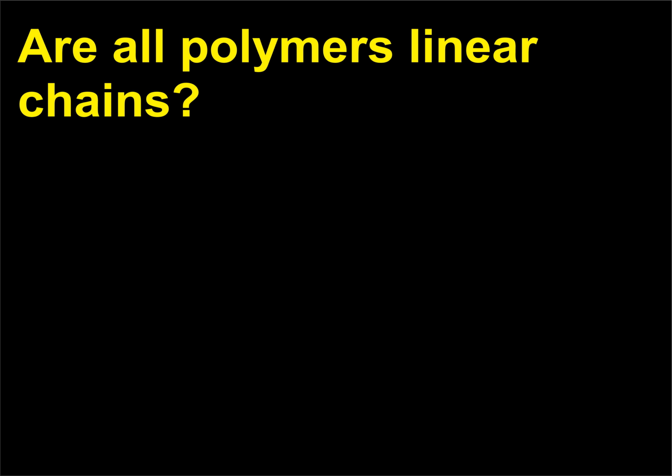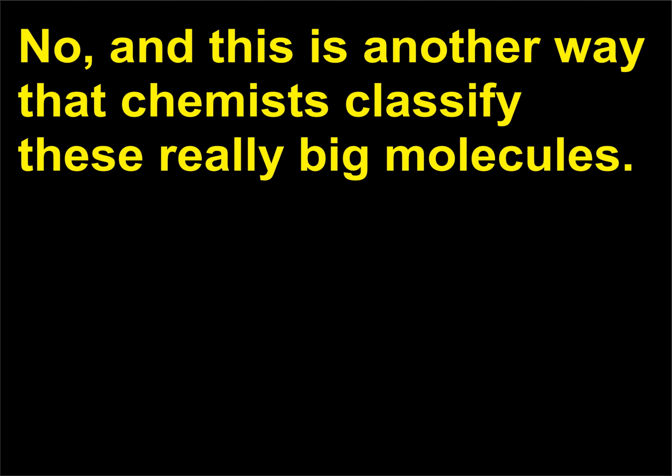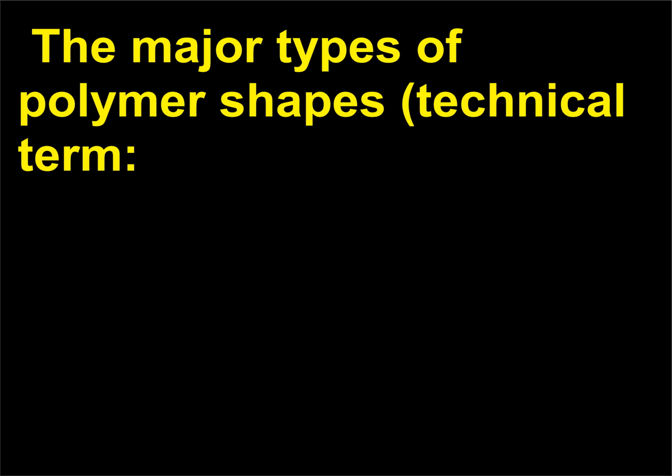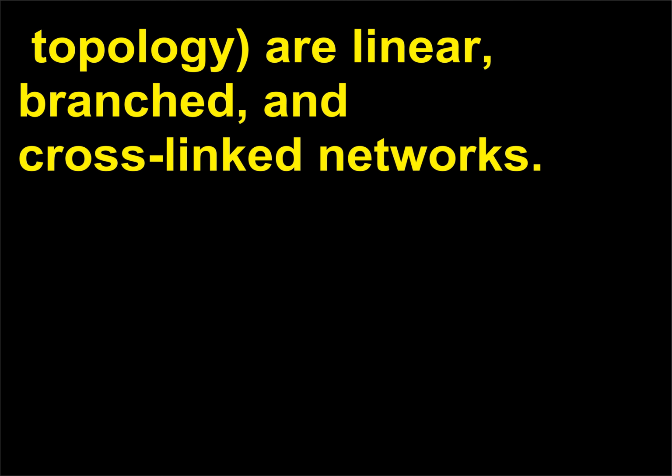Are all polymers linear chains? No, and this is another way that chemists classify these really big molecules. The major types of polymer shapes, technical term: topology, are linear, branched, and cross-linked networks.